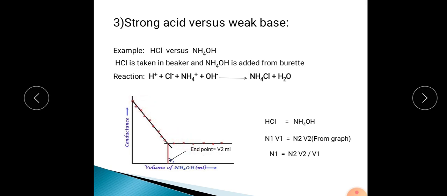The point of intersection of these two lines, and the corresponding volume, will be the volume of NH4OH required to neutralize the HCl. That will be the end point of the titration. The calculations will be HCl versus NH4OH, and will be performed as for strong acid, strong base.